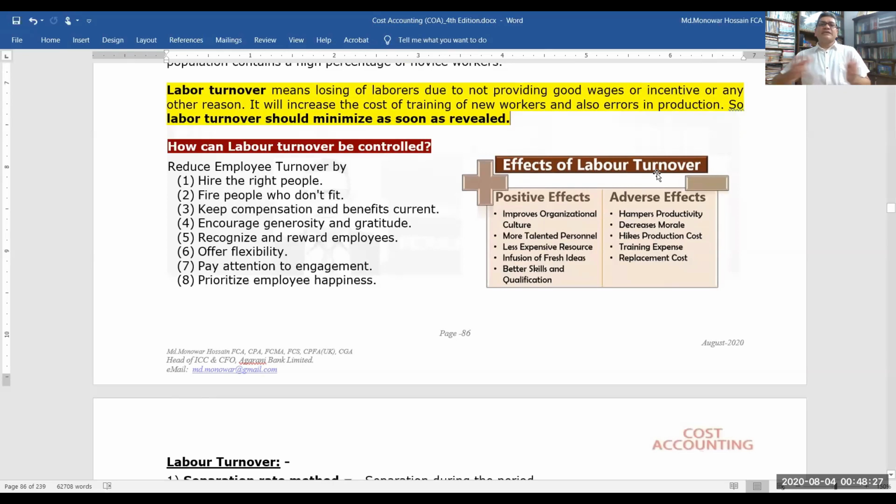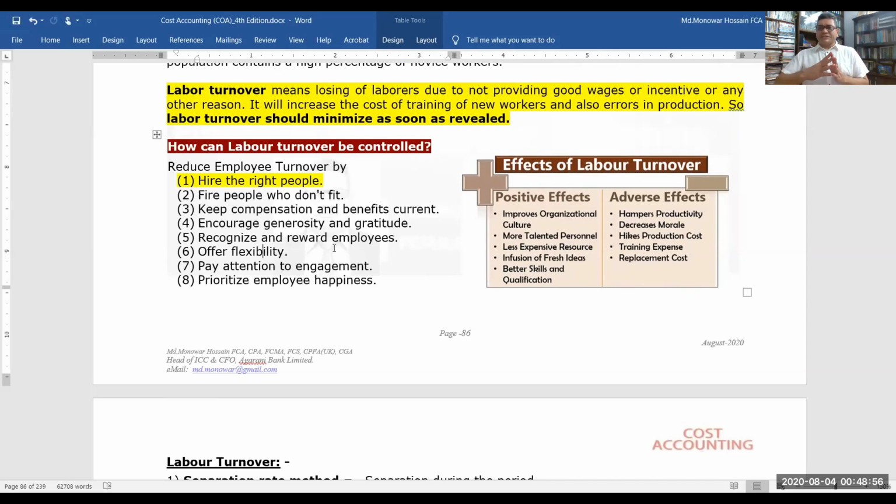So how can labor turnover be controlled? An organization, an employer, should control their labor turnover. How? Reduce employee turnover by hiring the right people. If the right people are in, labor turnover would be the least.